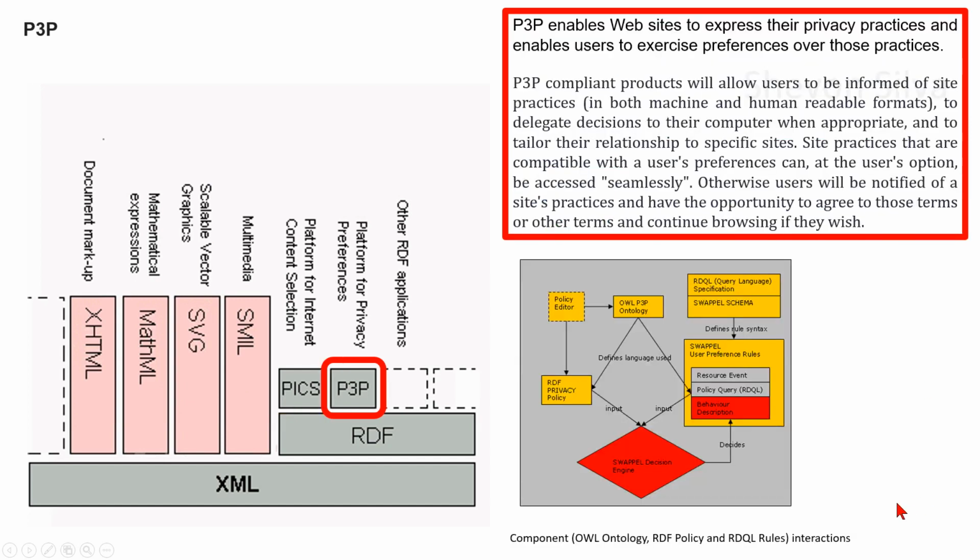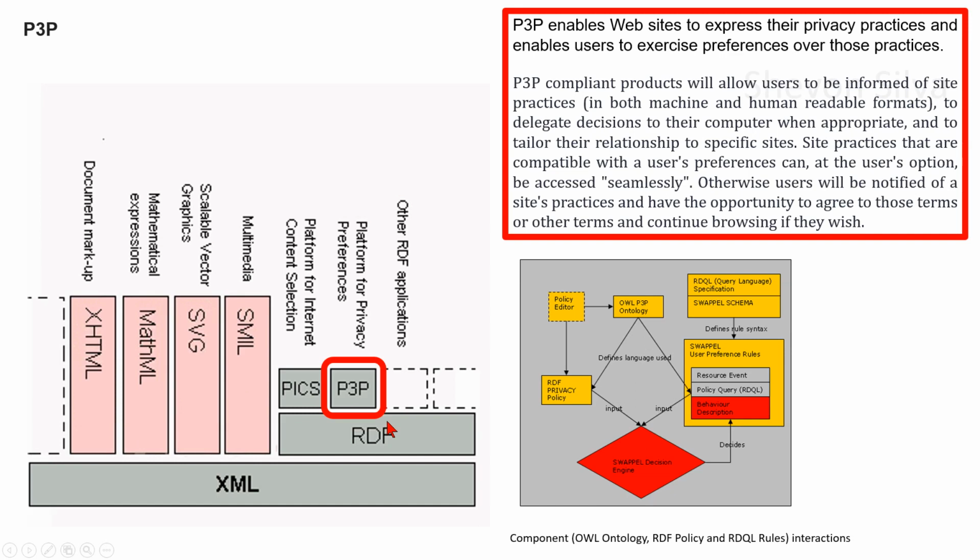Now we are considering P3P. P3P enables websites to express their privacy practices and enables users to exercise preferences over those practices. P3P compliant products will allow users to be informed of site practices in both machine and human readable formats, to delegate decisions to their computer when appropriate, and to tailor their relationship to specific sites.